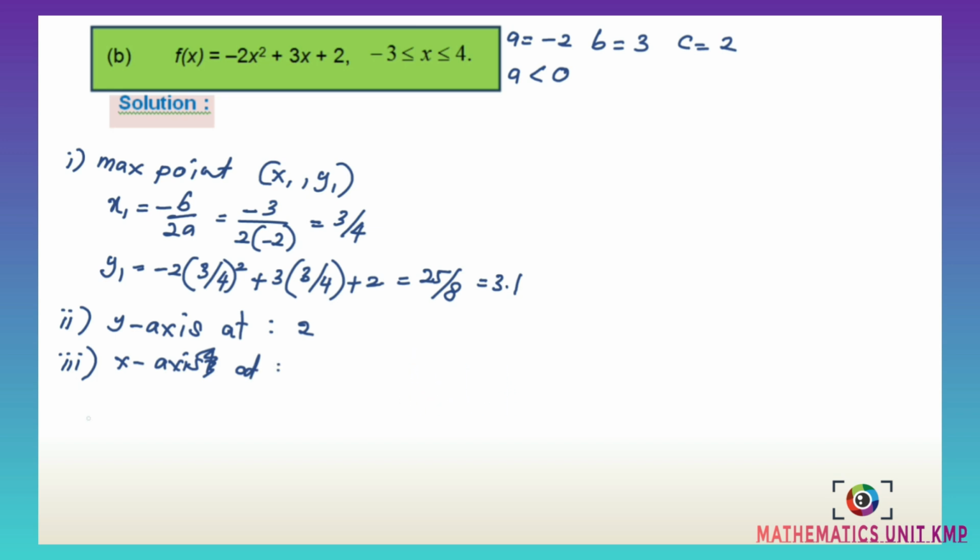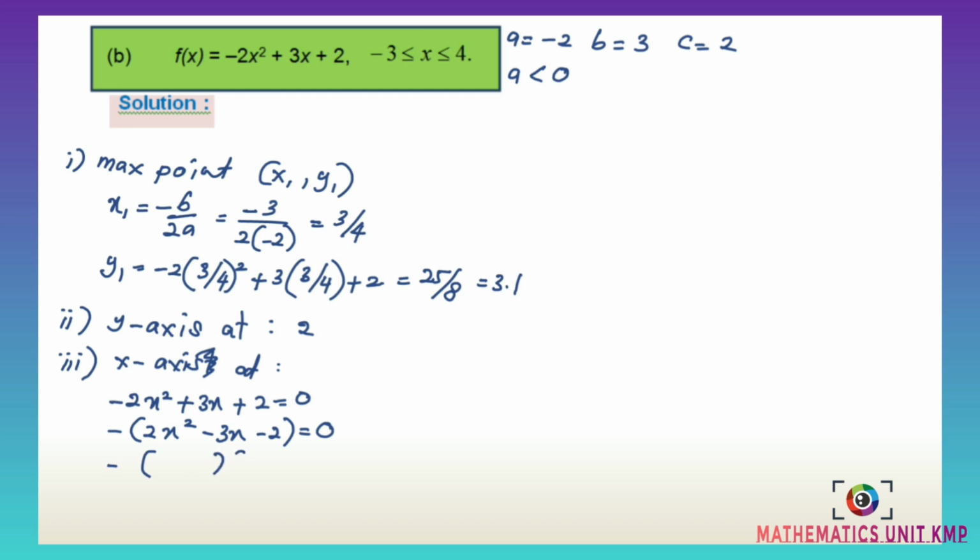From the function, negative 2x squared plus 3x plus 2 equals 0. We can factorize: 2x squared minus 3x minus 2 equals 0.